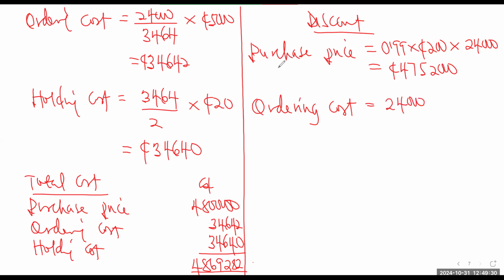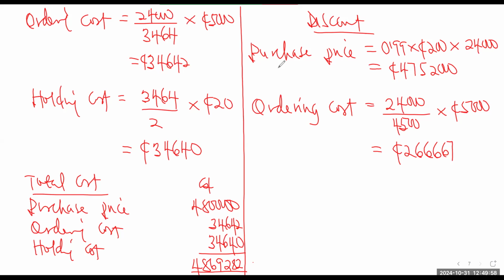So this will now be 24,000 over 4,500 multiplied by the cost per order, which is 5,000, isn't it? Yes. So what are we getting? 26,666.67. Okay, can we make it 26,667? Yes, sir.